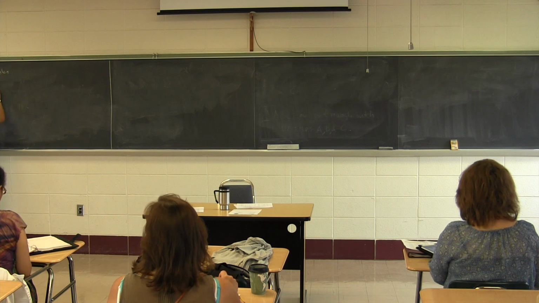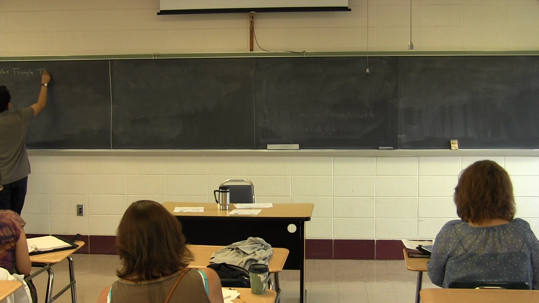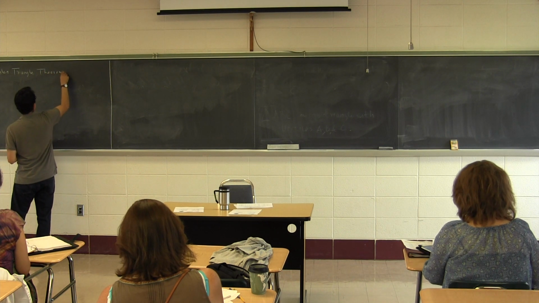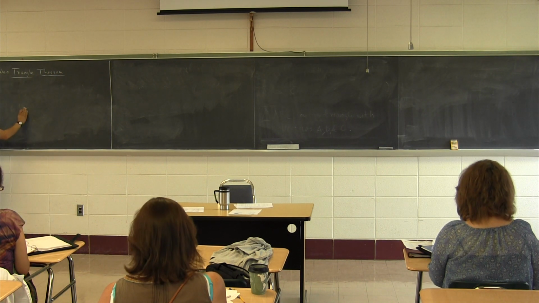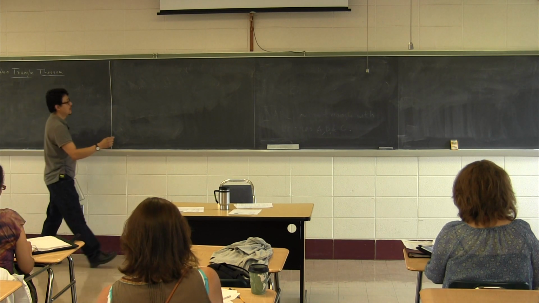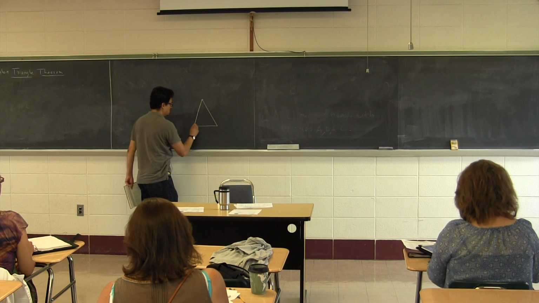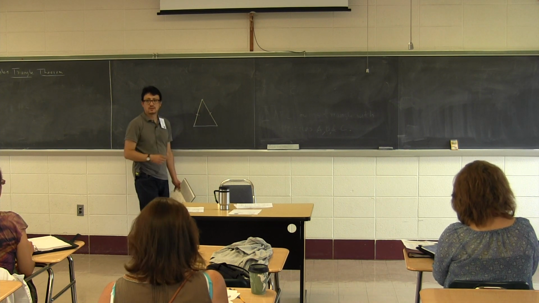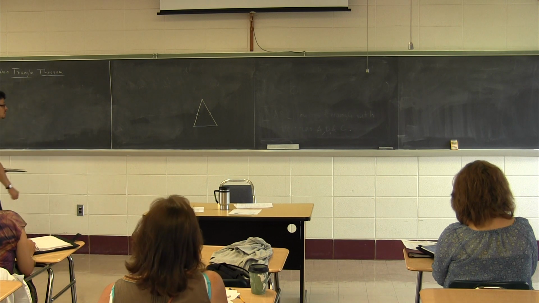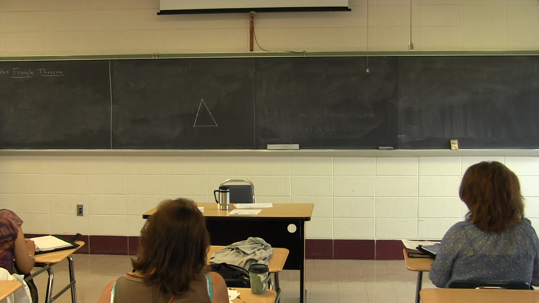Isosceles triangle theorem. And it says the following. So first, we know an isosceles triangle is a triangle that has 2 congruent sides, right? Okay, so this theorem says the following.